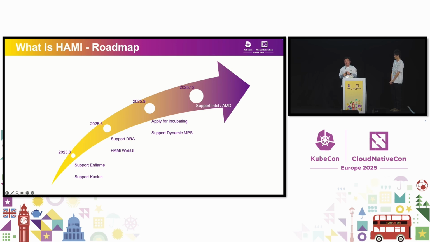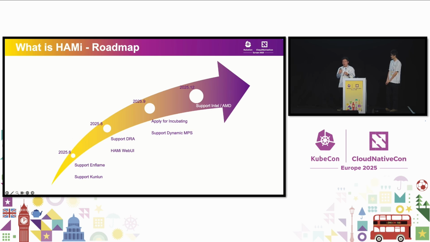Furthermore, we also want to support DRA, but it's challenging to integrate HAMi with DRA in a compatible way, because many end users use HAMi in their production environments, and many AI chip companies don't have a DRA implementation.